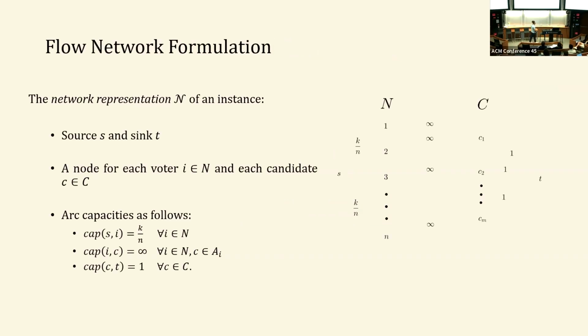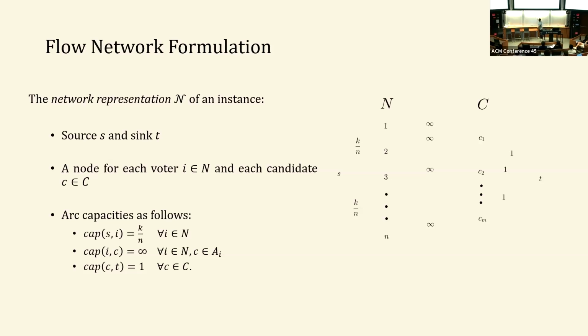Okay, so essentially we're creating a network representation of the instance where we have a source, a sink, a layer of nodes for voters, a layer of nodes for candidates, and I'm just gonna draw it really quick. Okay, so source, voters, candidates, sink, okay?